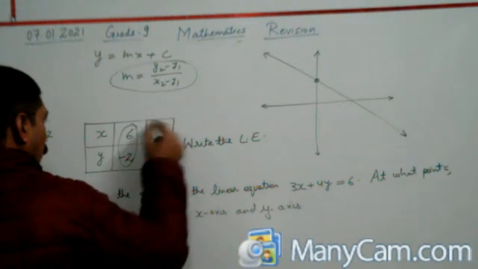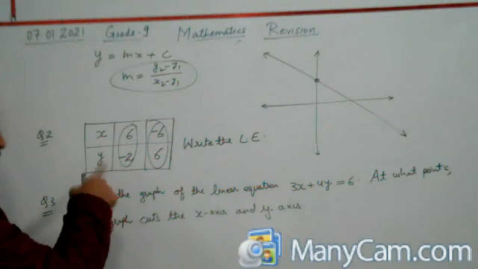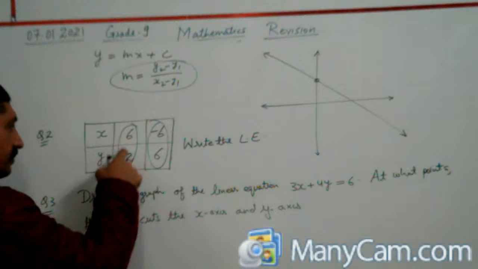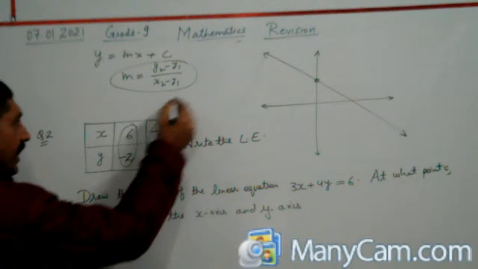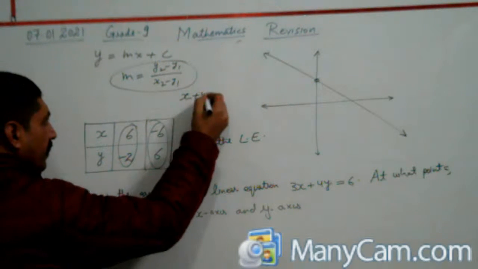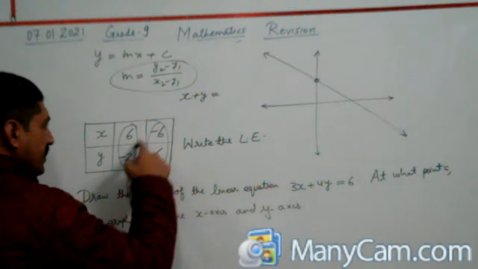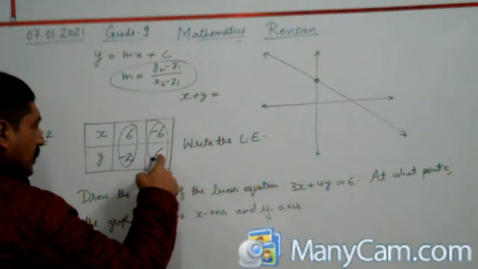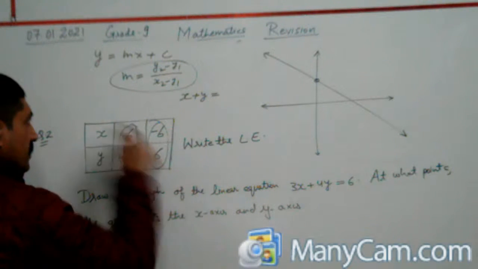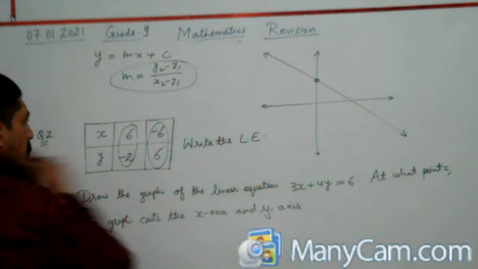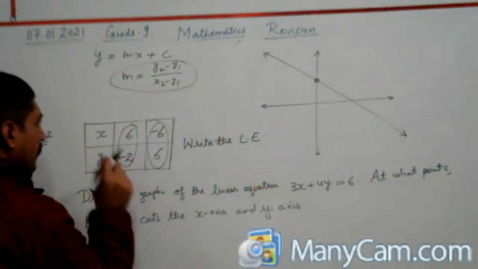What is x plus y? Here x plus y is 0 and x plus y is 4. So this cannot be it. Let's take the ratio like 3x.